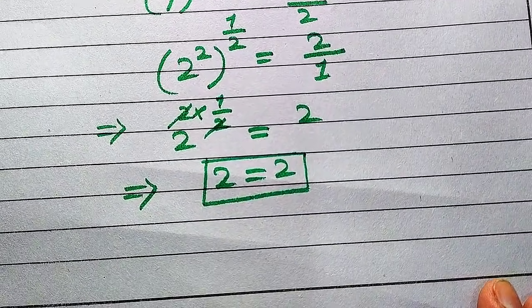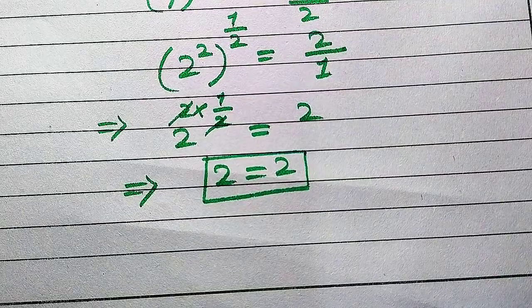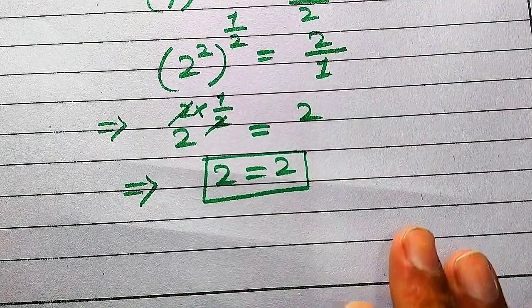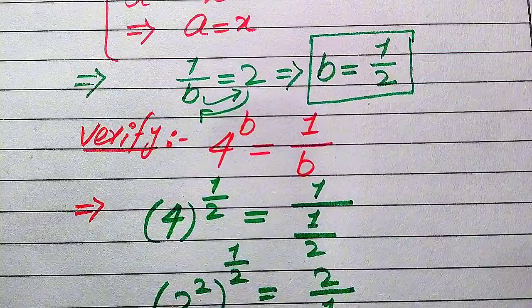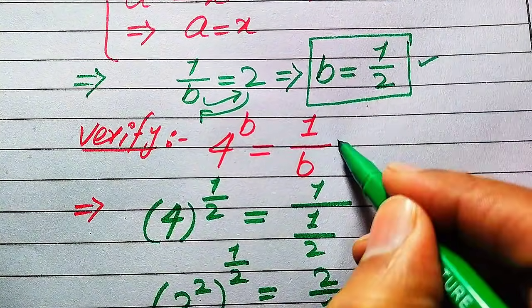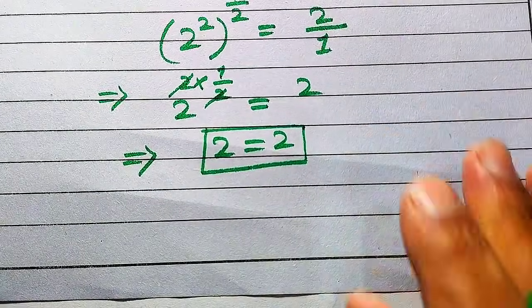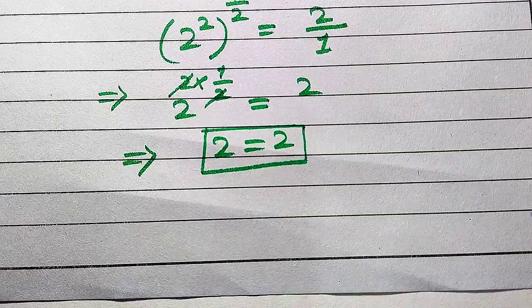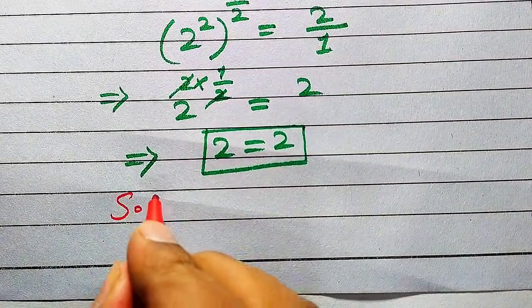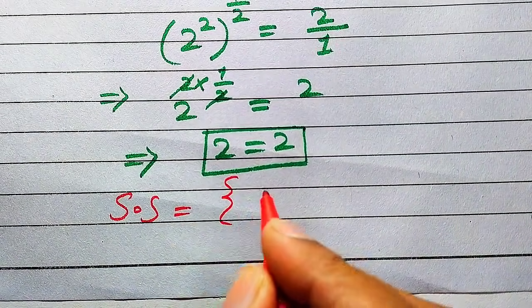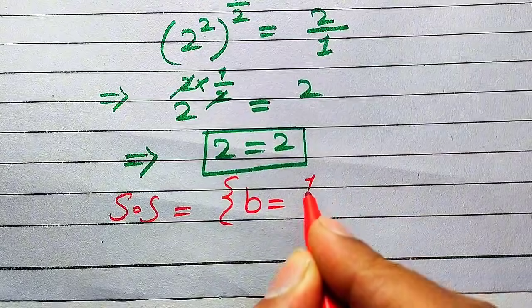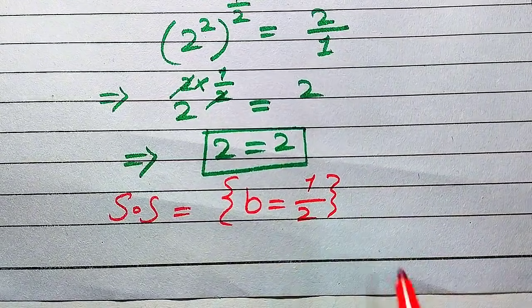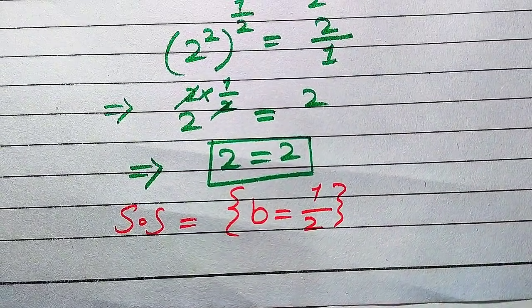So if both of the sides are equal, this means that the value of b is equal to 1 over 2, and this value of b satisfies our equation. So finally the solution set of this question is b is equal to 1 over 2. This is the only one solution of this question, and this is the final answer.